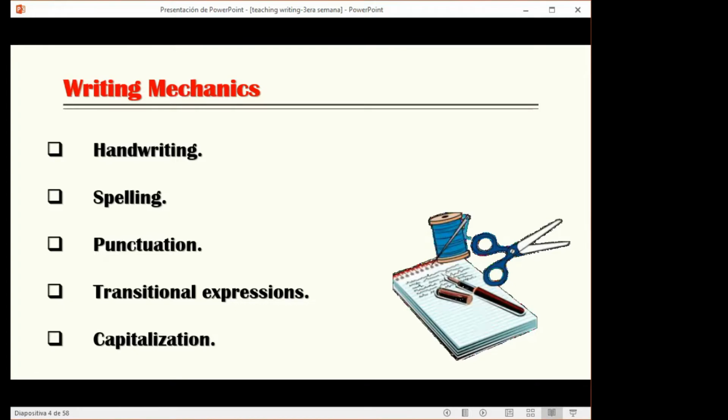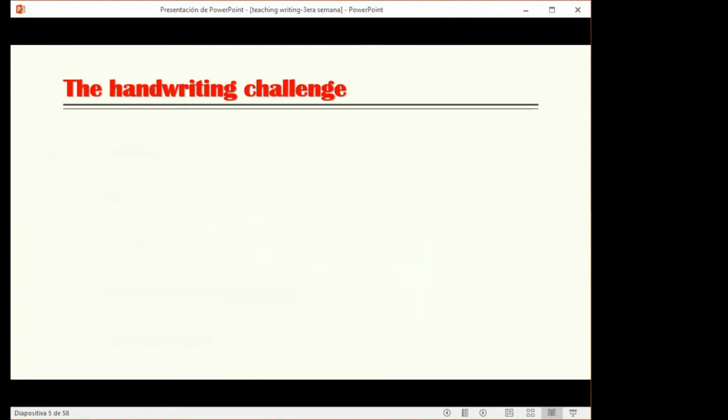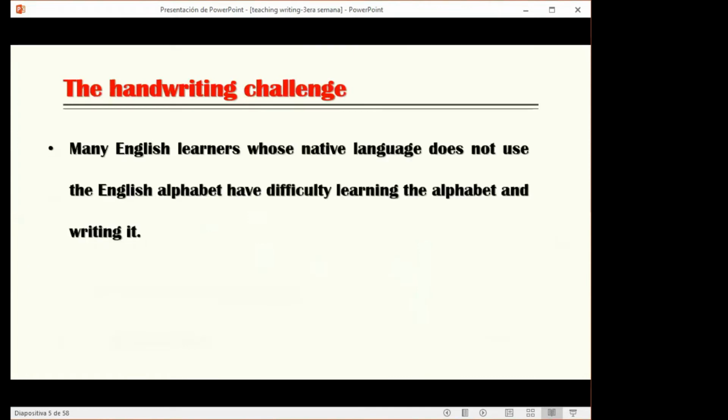Let's see what is involved in this mechanics of writing. We are going to analyze some activities in order to develop these mechanics of writing, okay? The handwriting challenge. Many English learners whose native language does not use the English alphabet have difficulty learning the alphabet and writing it.